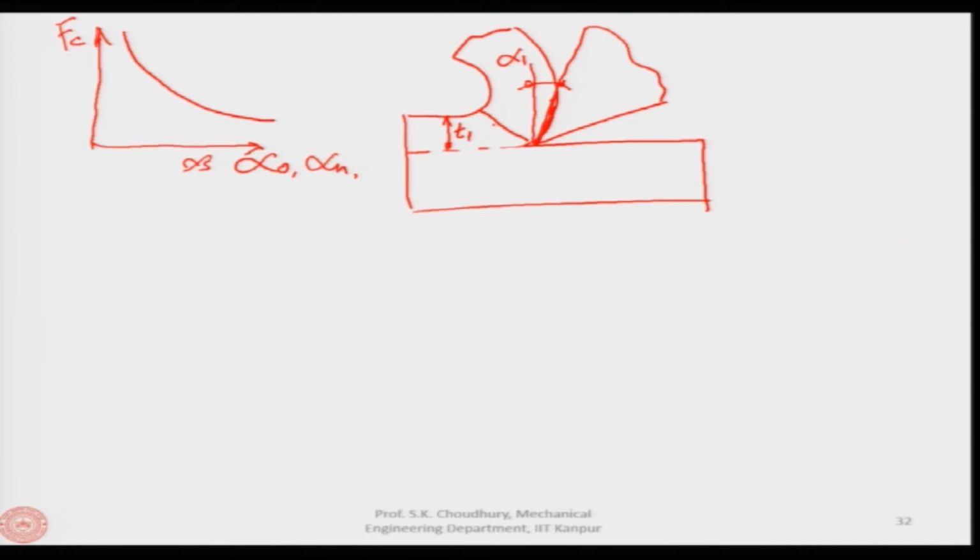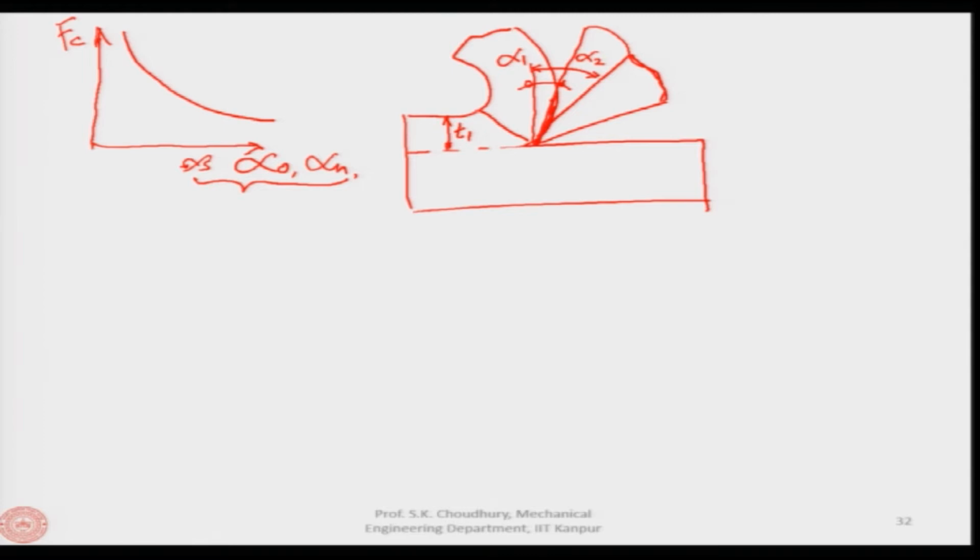Now we increase the value of alpha, of course the side rake angle, orthogonal rake angle, or normal rake angle. So alpha 1 is increased to alpha 2.